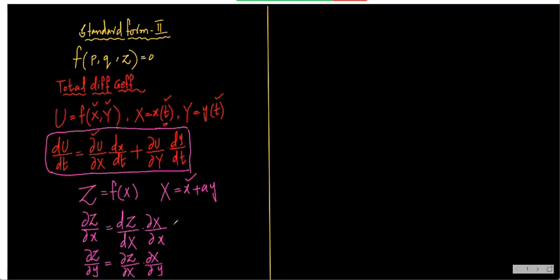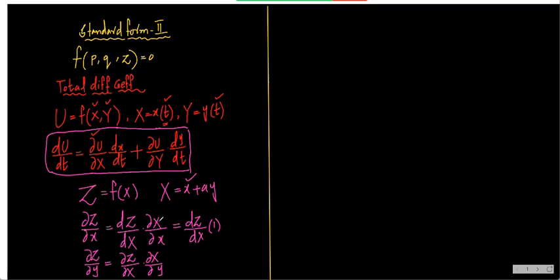So if this value is required now, dz by dX into 1, because capital X with respect to small x, answer is 1. That's dou X by dou small x only.